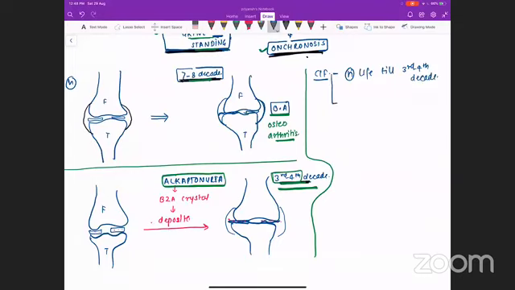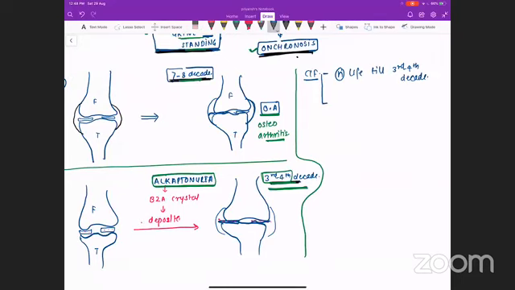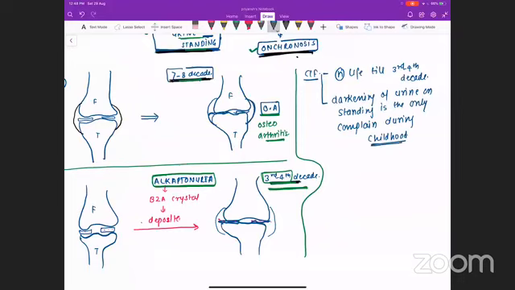The only complaint that can occur in childhood is darkening of urine on standing. During childhood, this is the only complaint, and this may be completely unnoticed by the patient.